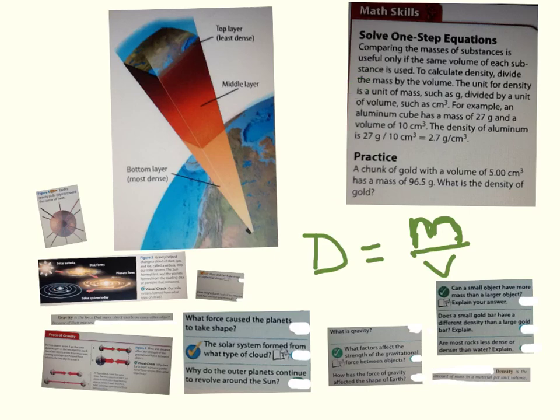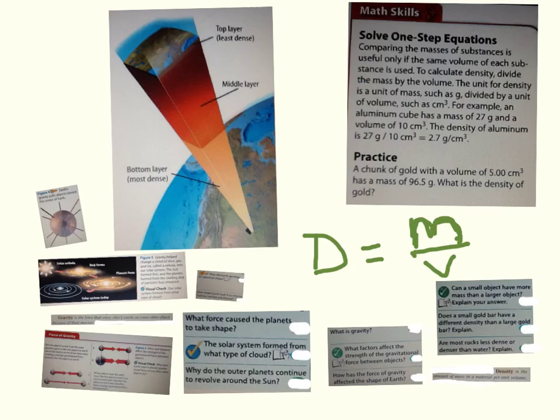But it wants you to compare the masses of substances. Comparing the masses of substances is useful only if the same volume of each substance is used. To calculate density, divide the mass by the volume. The unit for density is a unit of mass such as g, which is grams, divided by a unit of volume such as cm3, which is centimeters cubed. And it gives you an example.